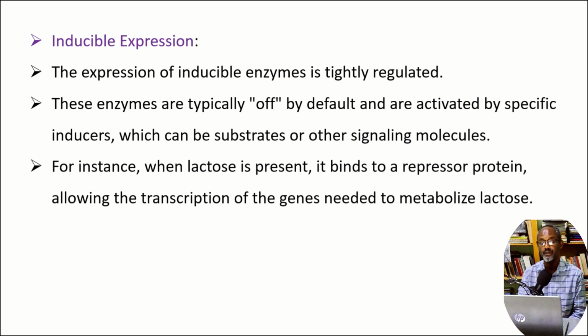For instance, when lactose is present, it binds to a repressor protein, allowing the transcription of genes needed to metabolize lactose. The repressor protein, to which lactose attaches, is released from the gene that produces the enzyme needed for lactose metabolism. This is the expression of inducible genes.